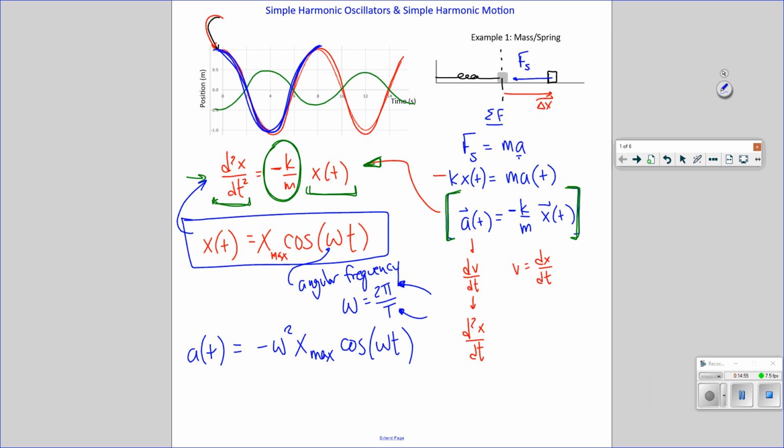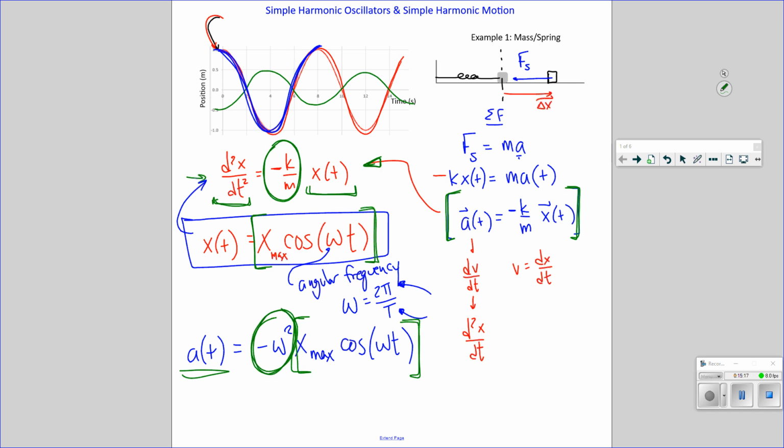So look at this. We have the position function is this. And so the acceleration function is a negative constant times the position function.